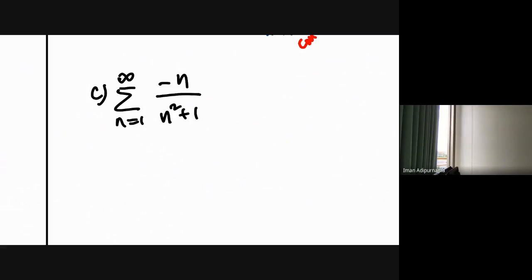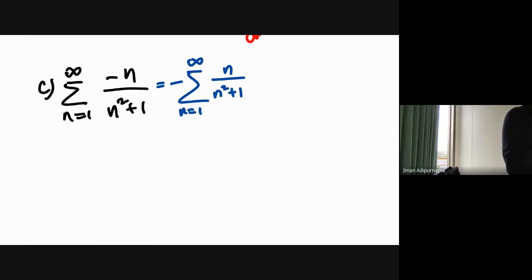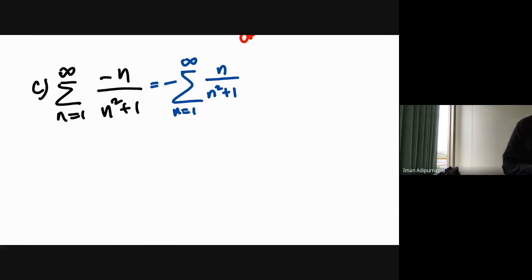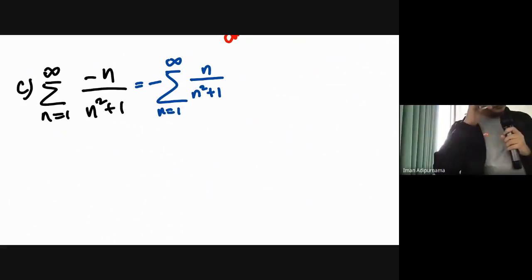Okay, so first, what we can do is we can rearrange and look at this part first. We take away the negative sign, not take away, but factorize it outside the sum, so we can focus on the positive sum only.